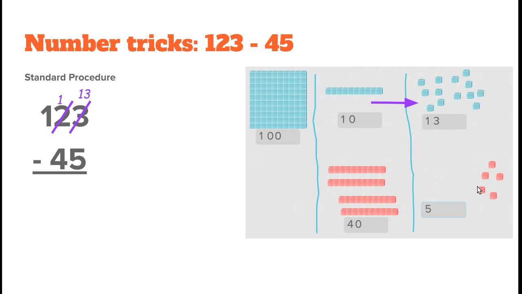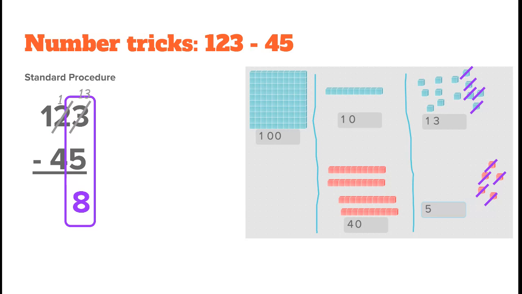I can't do that directly, but I can actually take one of those sticks and break it up, trade it for another 10. And now I've got 13 units up here, 5 units down here.